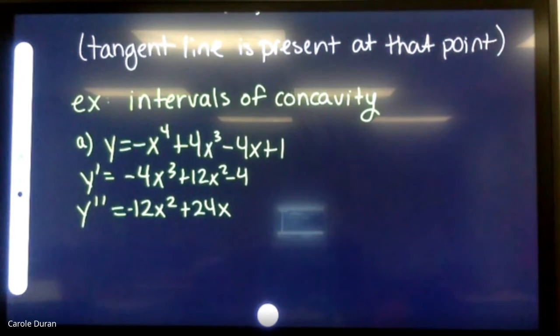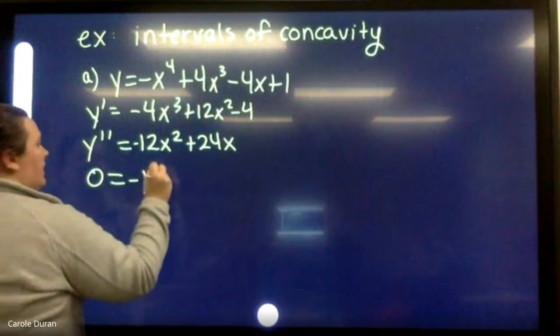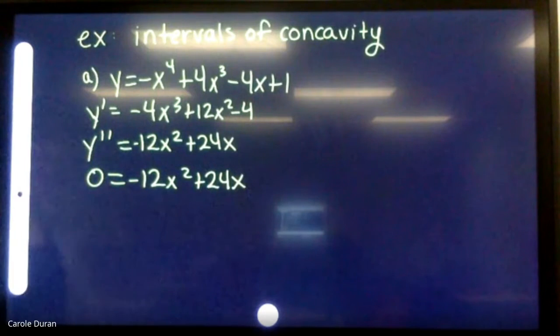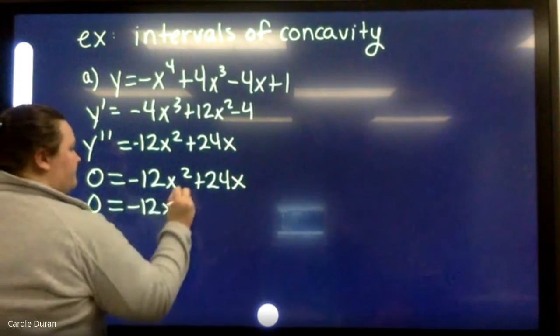Okay, if I would like to find my concavity, I first have to find my inflection point, so where that concavity changes. How do I do that? Set that second derivative equal to 0. So now I have 0 equals negative 12x squared plus 24x. Again, I could use the quadratic formula, or I could just pull out a common factor. I'm going to take a negative 12x out of both of these.